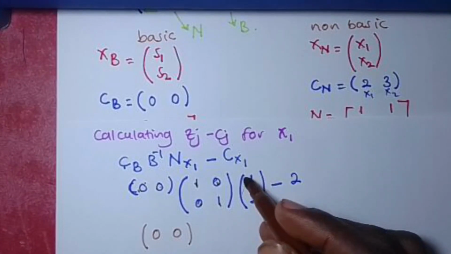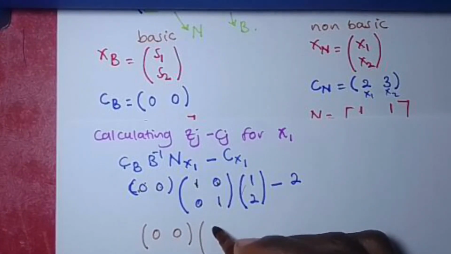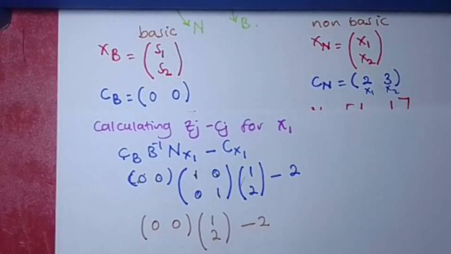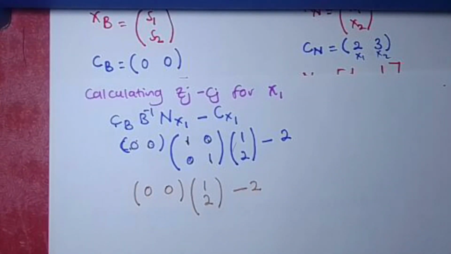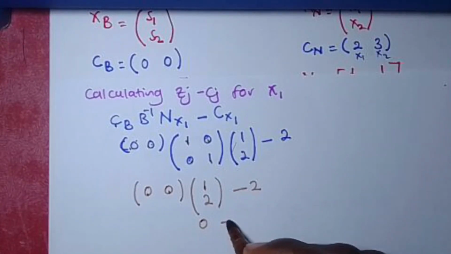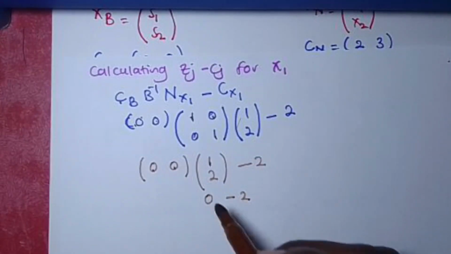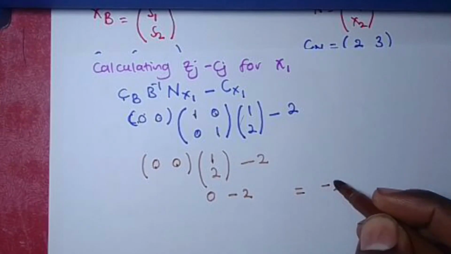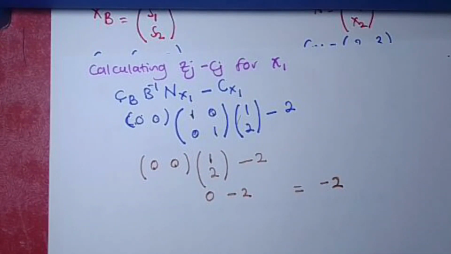Then we multiply this by 1 2, and subtract 2 from it. 0 times 1 is 0, plus 0 times 2 is 0. So we remain with 0 minus 2, which gives us negative 2. So the value for x1 is negative 2.